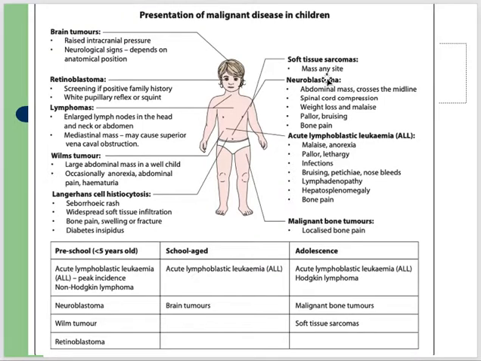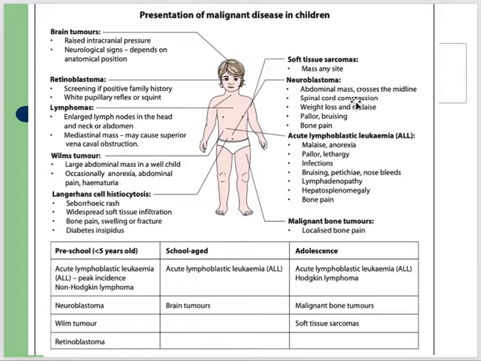Now, when it arises from the neural crest cells, these patients with neuroblastoma basically present with a mass. It could be an abdominal mass, or a mass in the neck or chest, and the most common site is the adrenal glands.